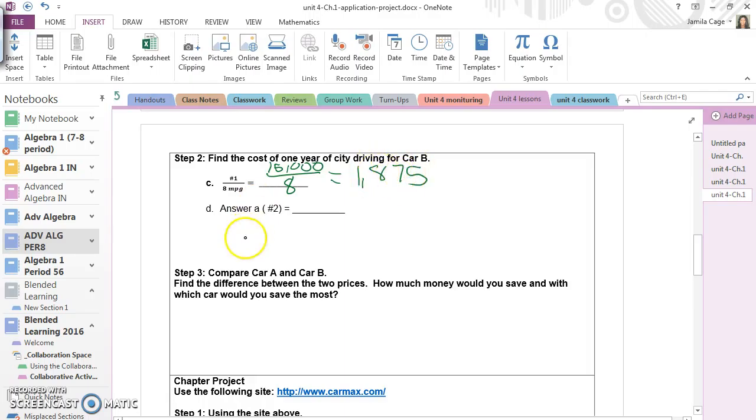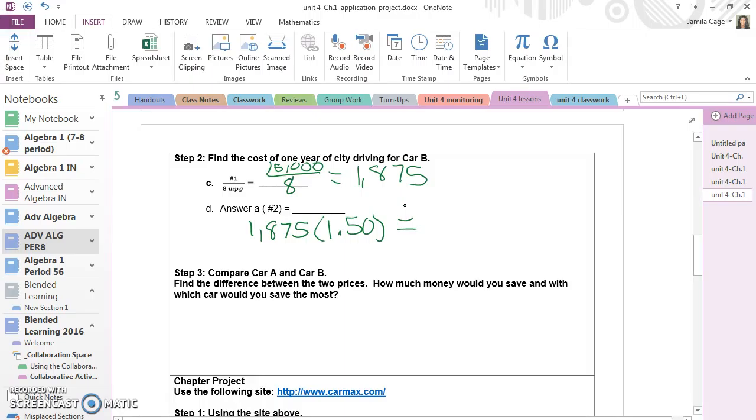We then take that answer, that 1,875, and we're going to multiply that to the price of gas per gallon, $1.50.